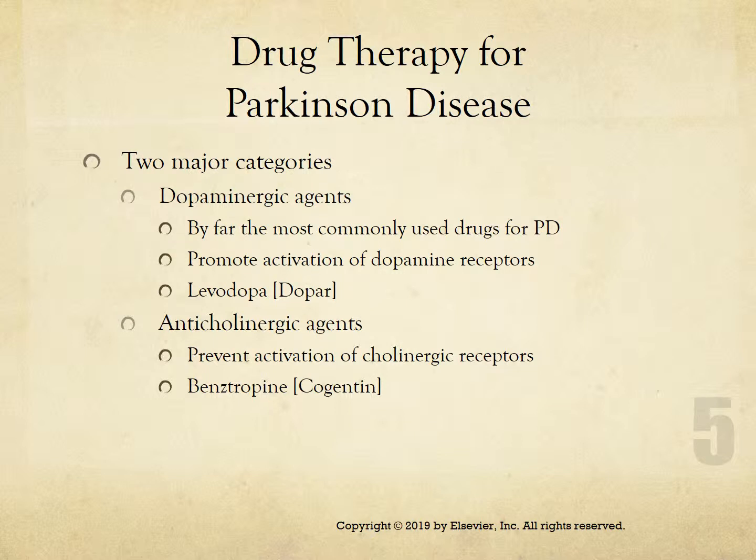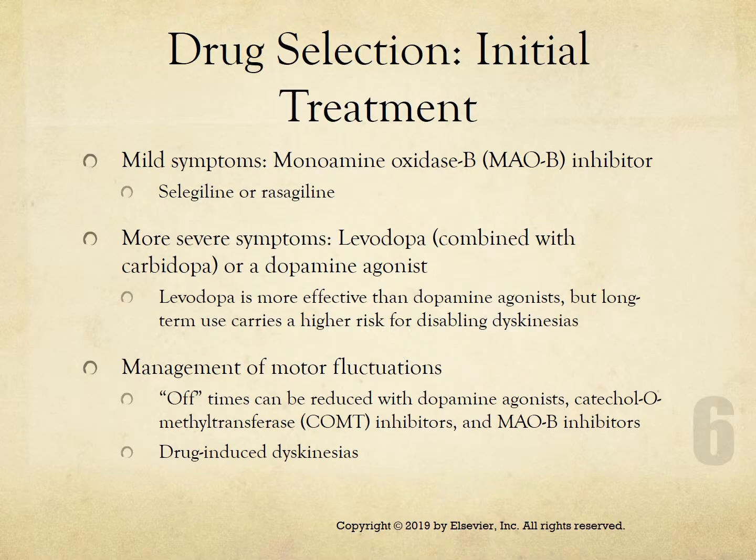There are two major categories for drug therapy: the dopaminergic agents, which are the most common, and that would be the levodopa, and the anticholinergic agents, which prevent activation of the cholinergic receptors. An example would be Cogentin. So how do you select drugs for initial treatment?